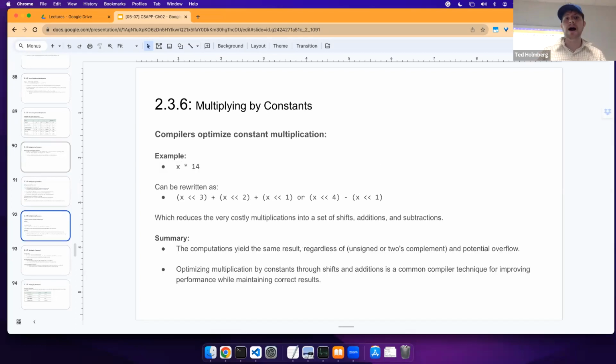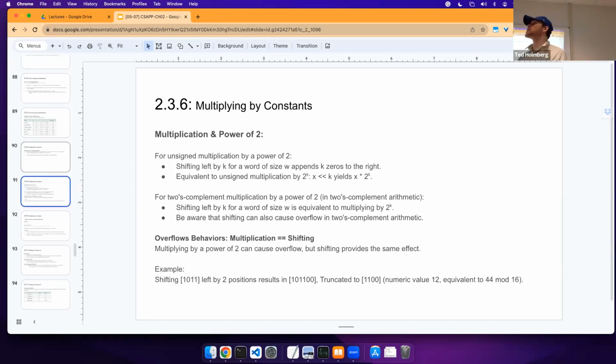And of course, the compiler does that, so it's invisible to us, but understand that's what's happening. And I think with the data lab, you might be tasked with producing results like multiplication restricted to things like shift and plus, so that you get a better understanding of what the compiler's doing to optimize things like multiplication and division.